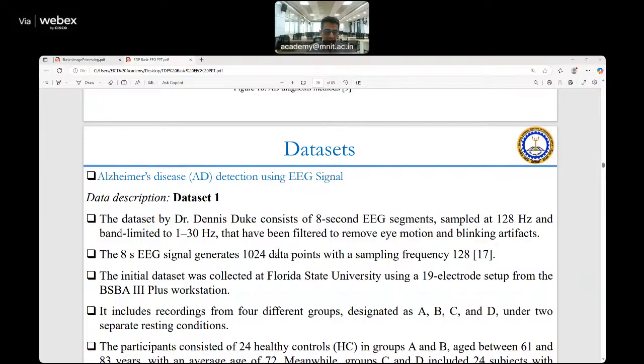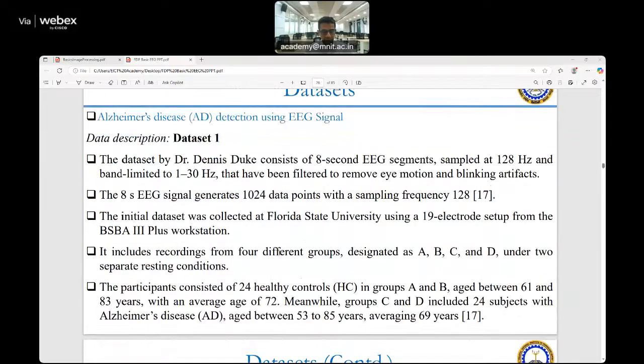An 8-second EEG signal generates 1024 data points at the sampling frequency of 128. The initial data set was collected at Florida State University using a 19 electrode setup. It included recordings from 4 different groups, A, B, C, and D, under 2 separate resting conditions.